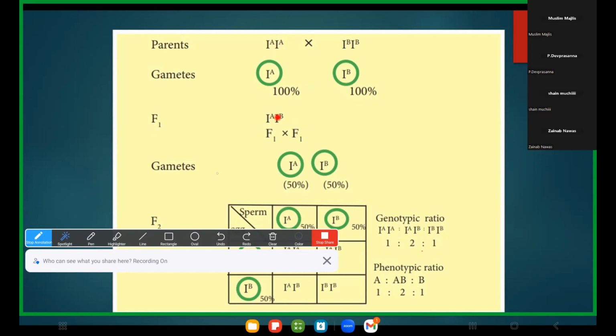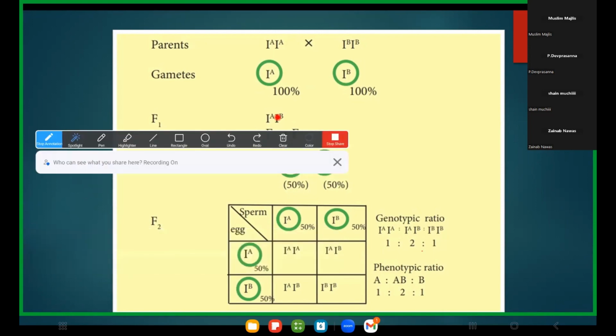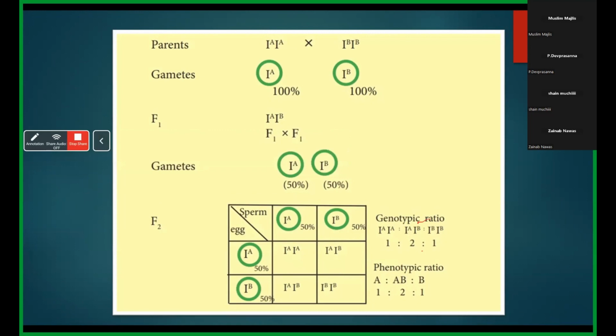And then when the F1 generation is crossed, they would form the offspring of the combination IAIA, IAIB, IAIB, and IBIB. So here the genotypic ratio would be 1:2:1. Similarly, the phenotypic ratio of the blood group A to AB to B would also be 1:2:1. So this is codominance.